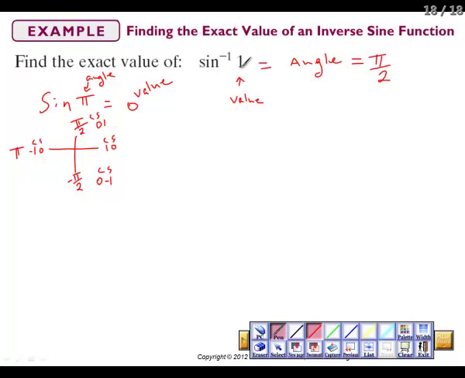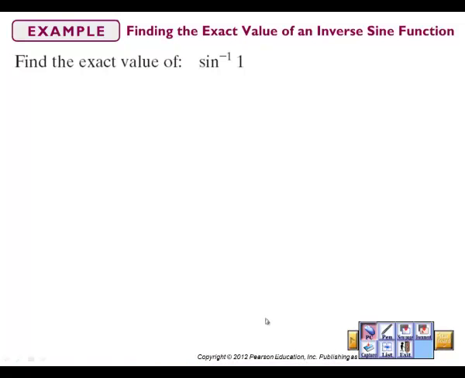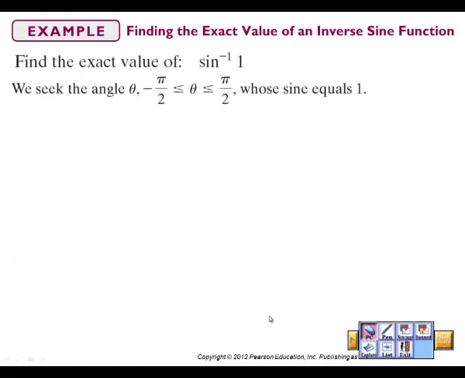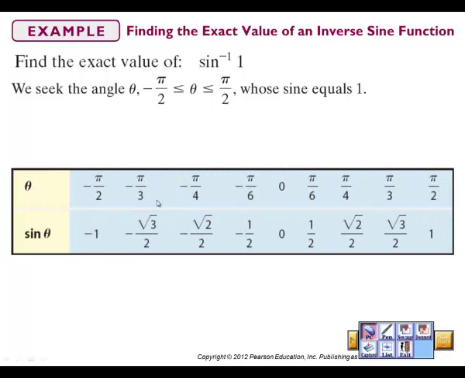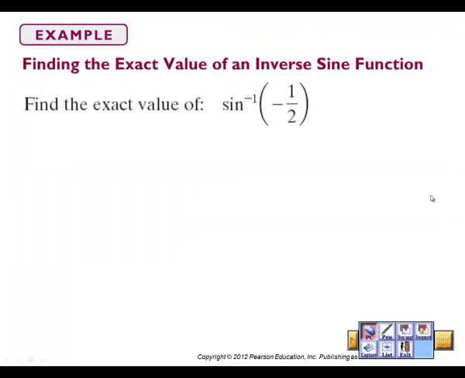So here we're given the value and we're looking for the angle. We're restricted to between -pi over 2 and pi over 2, and we know that sine is going to be 1 at pi over 2. And here it is, that's our answer.